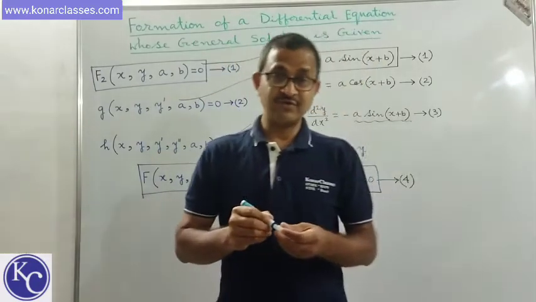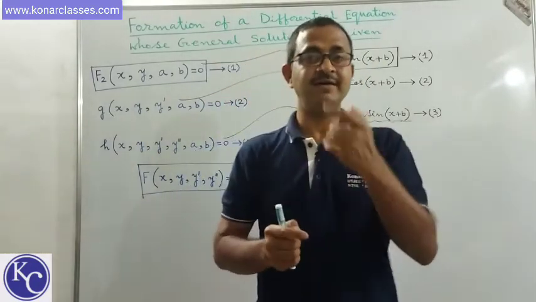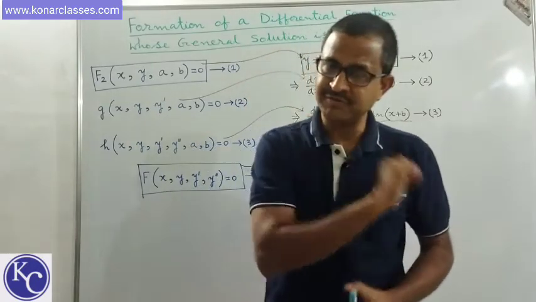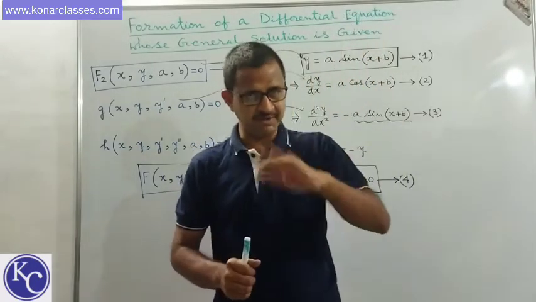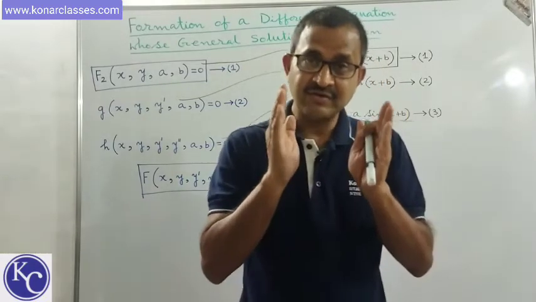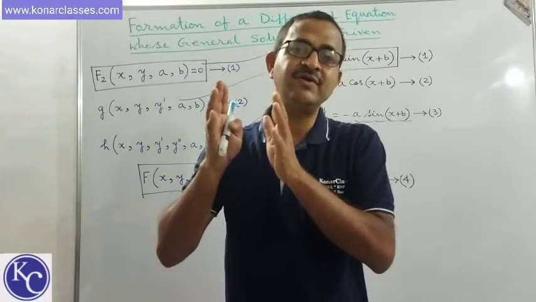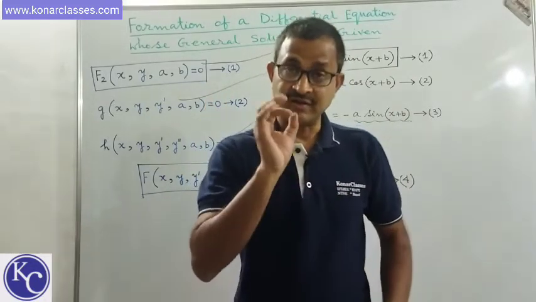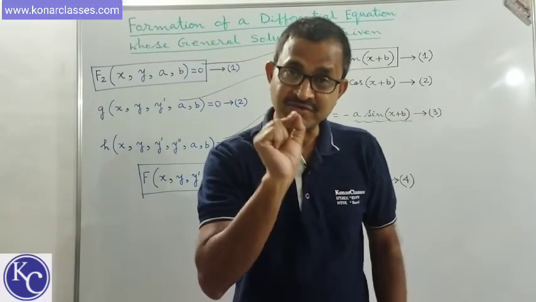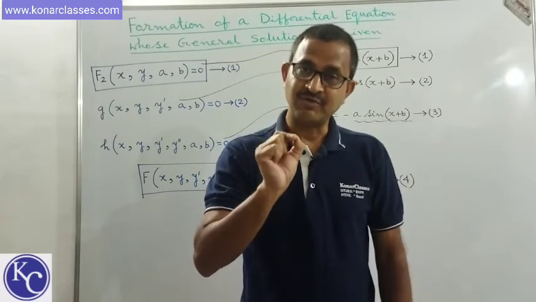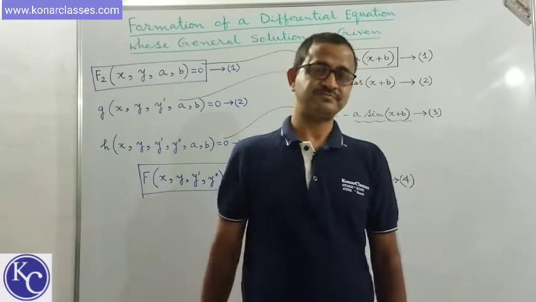So dear students, so far we have learned the procedure and the representative examples. What is the most important point? I said it earlier, but I repeat once more. In the given general solution or the given family of curves, the number of arbitrary constants will be equal to the order of the corresponding differential equation.